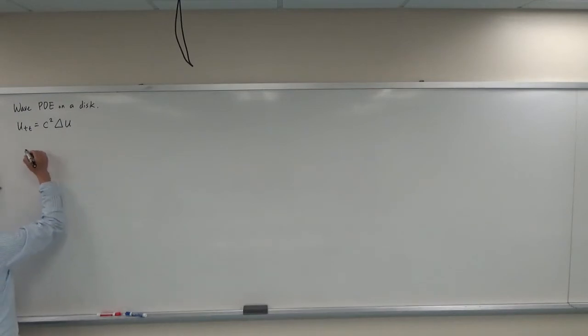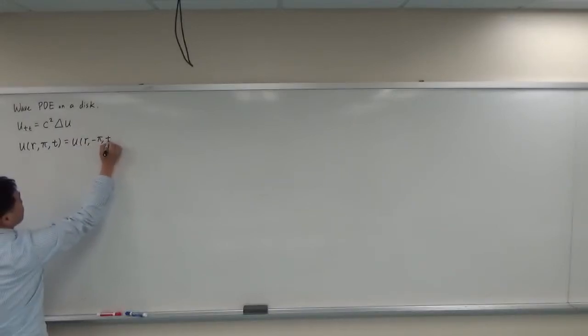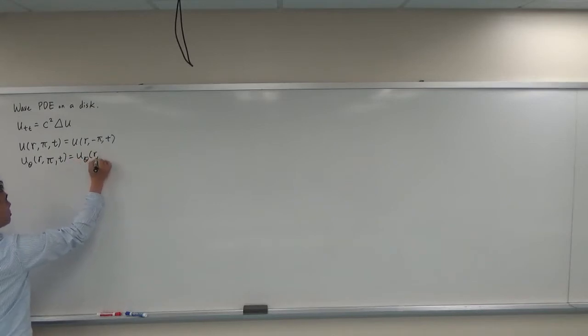So in the circular direction, you have that u(r, pi, t) is equal to u(r, negative pi, t), and if you differentiate in the theta direction, you also have this.